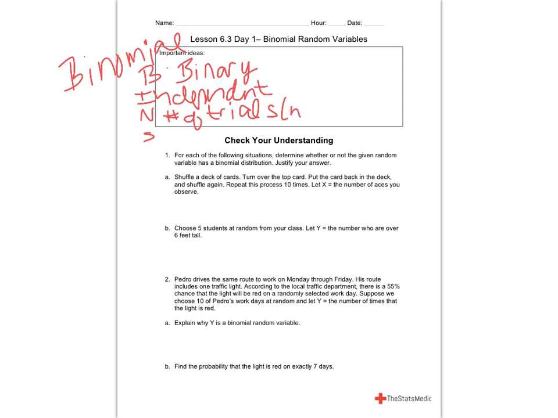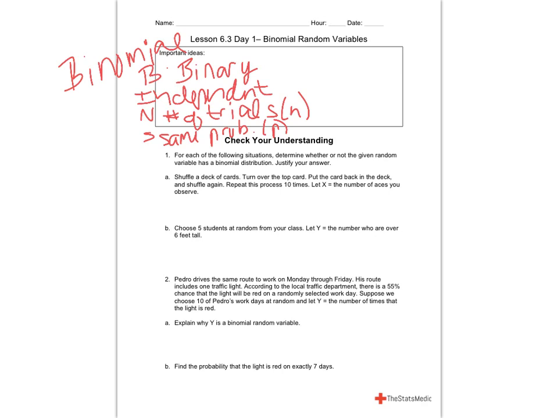Okay, that's going to be my N. And then they all have to have the same probability. For him, that was his 0.72, because he was a 0.72 free throw shooter. So they have to be binary. There's success or there's failure. The events need to be independent, a set number of trials, and the same probability.